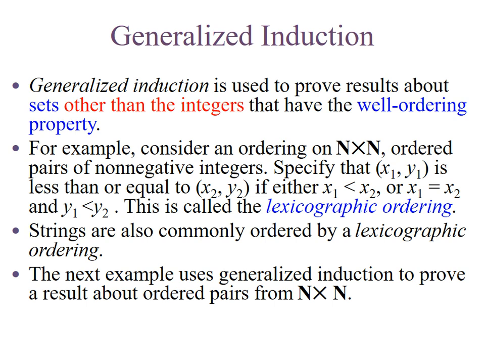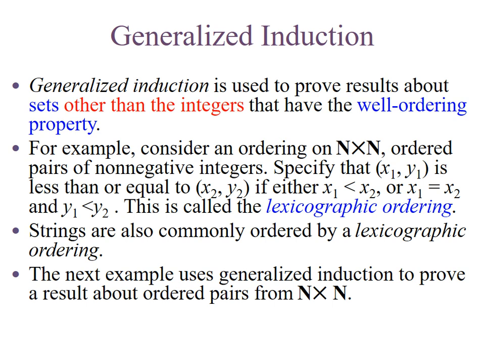Now we can use lexicographic ordering. It tells us if we have x1, y1 and x2, y2, two ordered pairs in N times N, so we choose these integers from the natural numbers, then we can define the order.